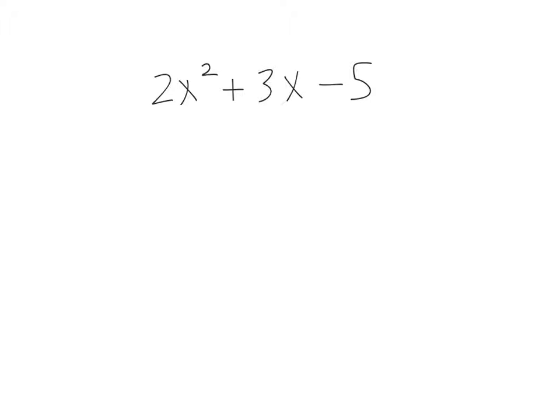You multiply the first and the last number, yep, you do that. So 2 times negative 5, which is negative 10.